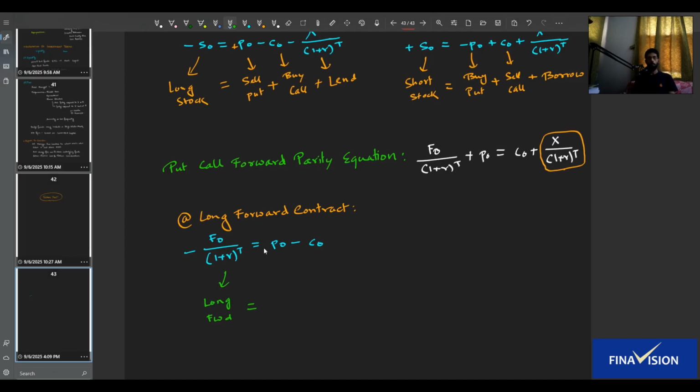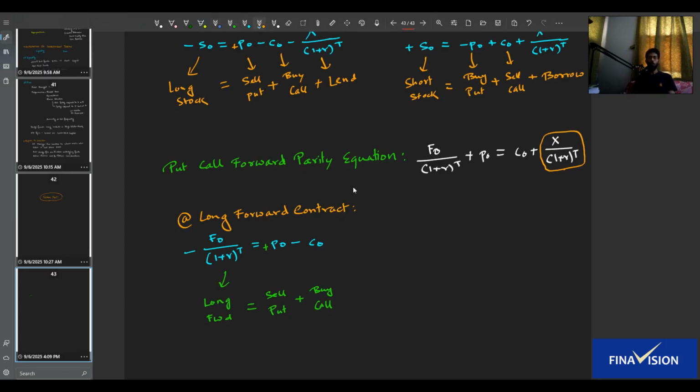This is equal to plus P0 minus C0, which means there is a premium inflow due to the put option, which means there is selling of the put, and there is minus C0, which means there is buying of the call. By buying the call, there is a cash outflow equivalent to the premium of the call. So minus C0 means there is buying of the call. So long forward synthetically can be created by selling the put and buying the call. Selling the put and buying the call, right?